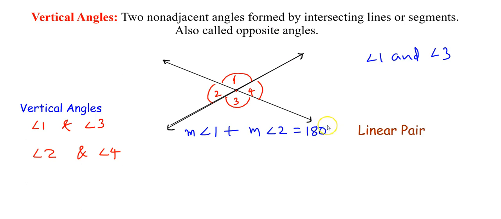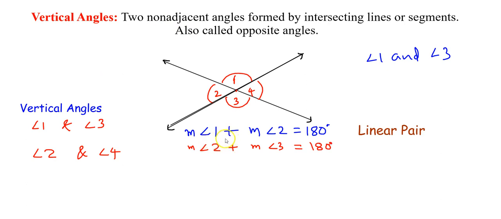Okay. Now, similarly, I have this another straight line. On that you have angle 2 and angle 3. So, what is the measure of angle 2 plus the measure of angle 3? Angle 2 plus measure of angle 3 is again 180 degrees. Okay.